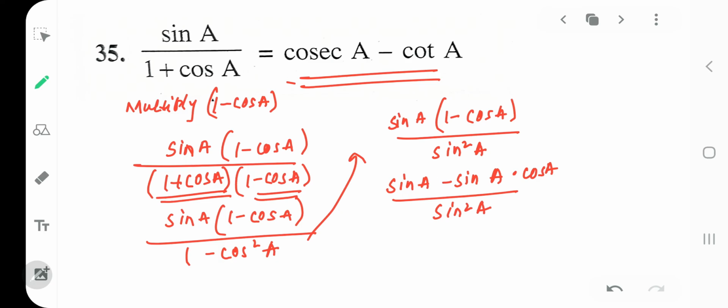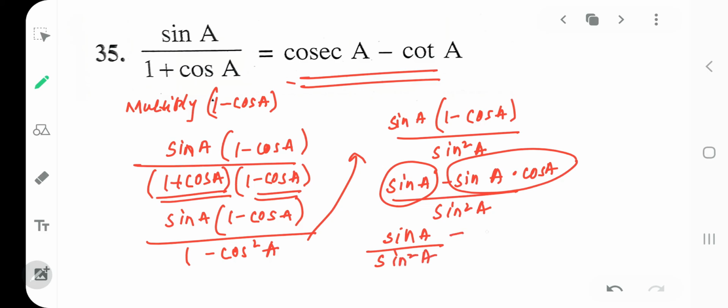Now my dear kids, this sin square A is with this sin A also and with this also. So sin A upon sin square A minus sin A into cos A upon sin square A. So you can eliminate one sin A, so remaining will be one sin A down.